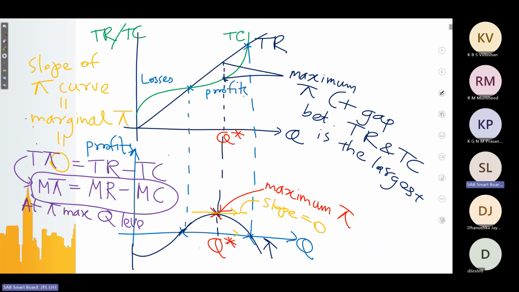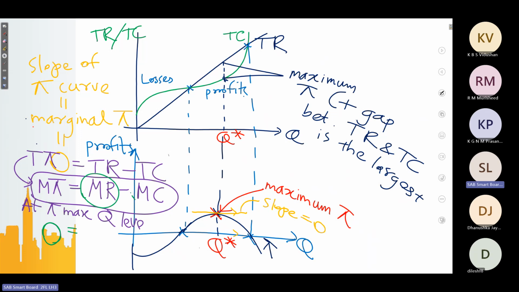Marginal profit is 0. To have 0 for marginal profit, what should be the marginal revenue and marginal cost? Marginal revenue and marginal cost should be equal. Then only we have 0 for marginal profit.